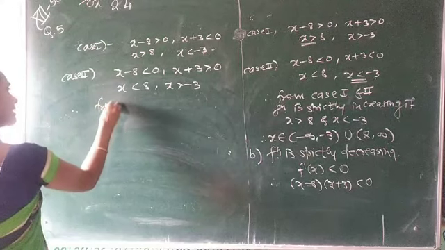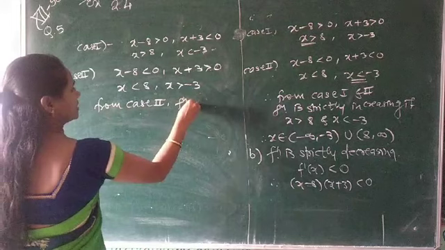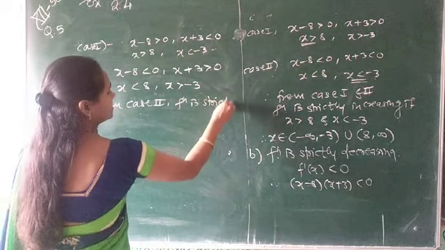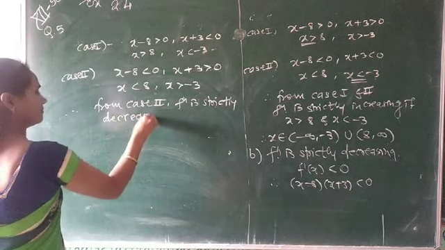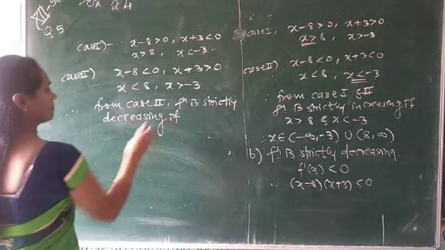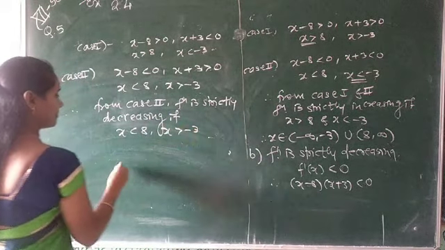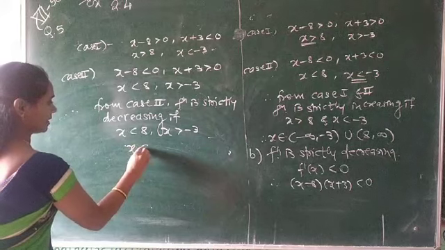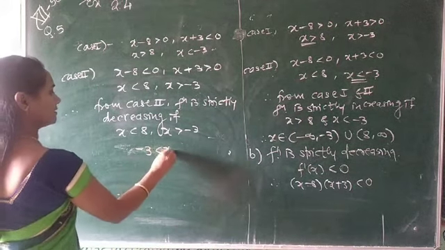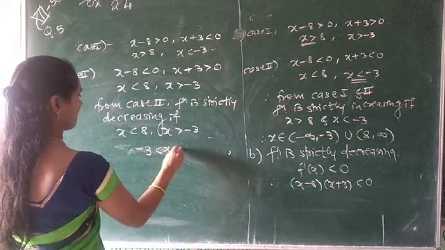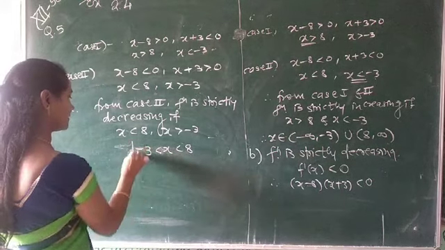Therefore, from case second, the function is strictly decreasing if x is less than 8 and x is greater than minus 3, that is, we write this as minus 3 less than x less than 8. x is greater than minus 3 but x is less than 8.